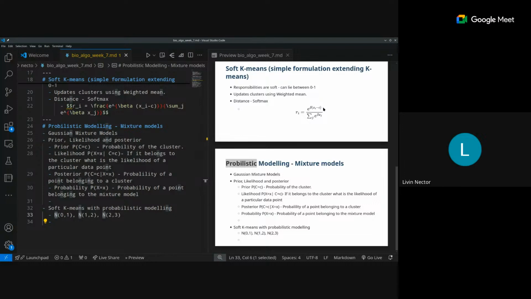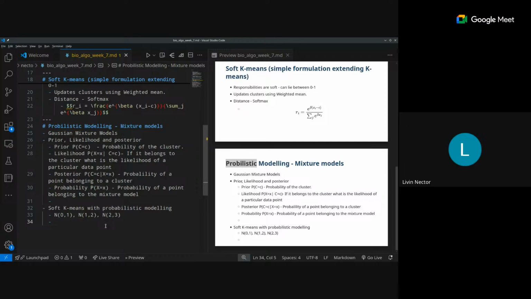It can be thought of as a distance metric, and that's how the probabilistic modeling and the vanilla modeling go together, because of this exponential distribution. So basically, k-means is a specific case of the generic Gaussian mixture models, right?